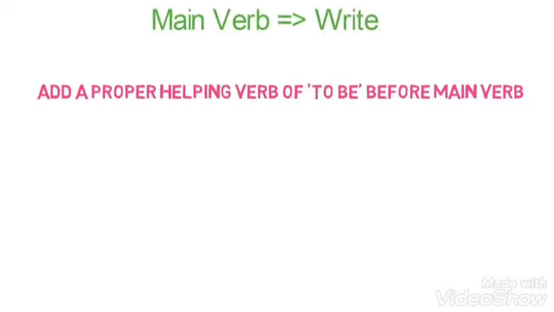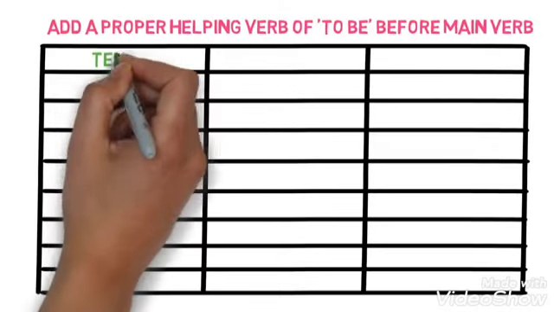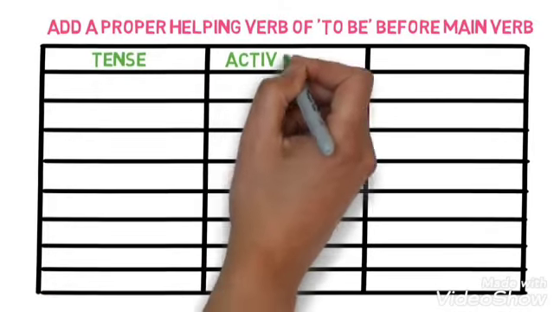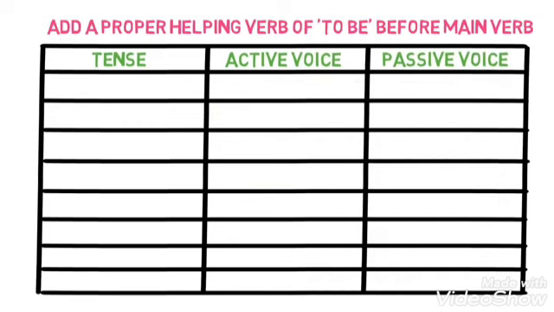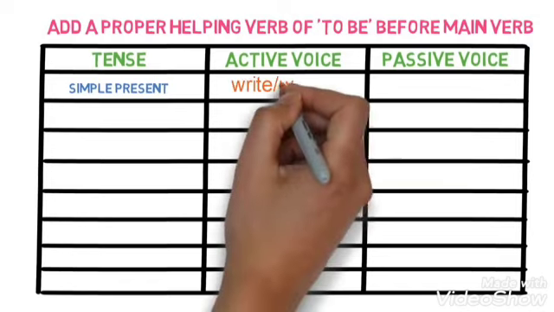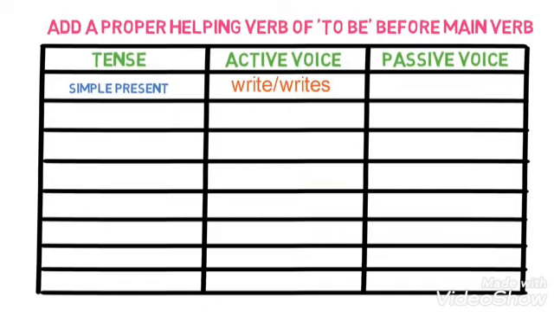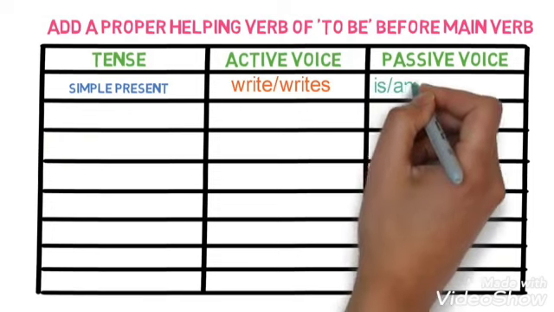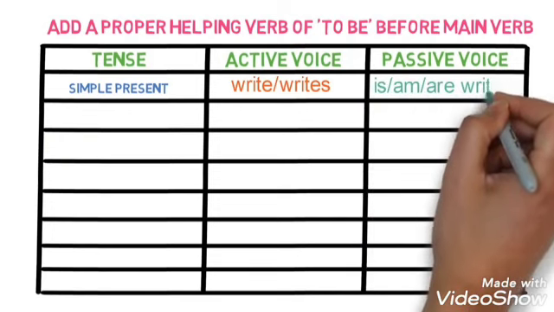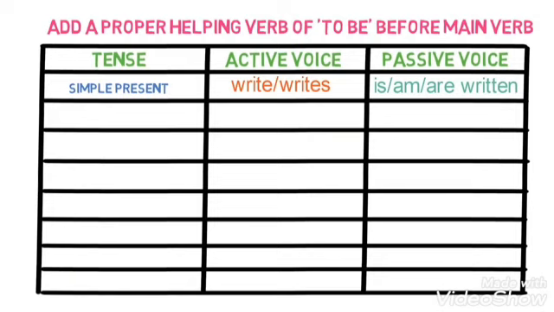Main verb write will be displayed in the chart. The tenses, active voice and passive voice. In the simple present tense, the active verb is write or writes. In the passive voice, it is is, am or are written.